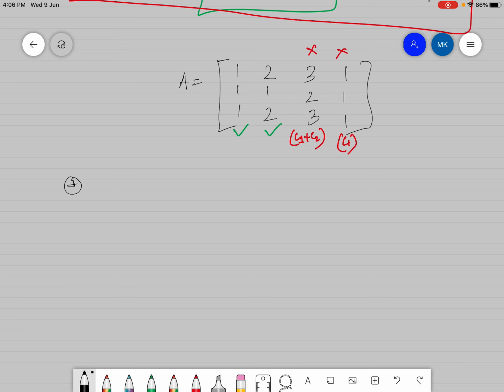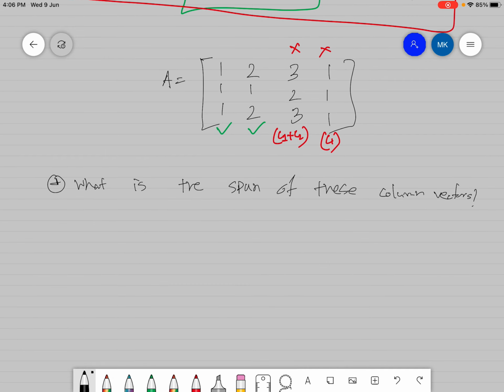So if I ask you what is the span of these column vectors, as there are 2 independent columns, the general answer is, in the first portion of the lecture I said the easiest example of any span is the column space of any matrix.